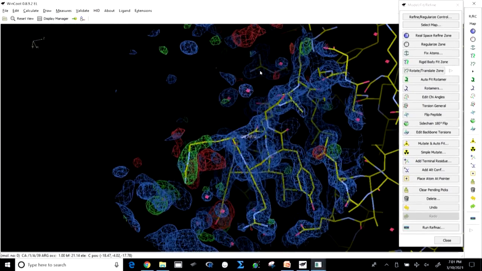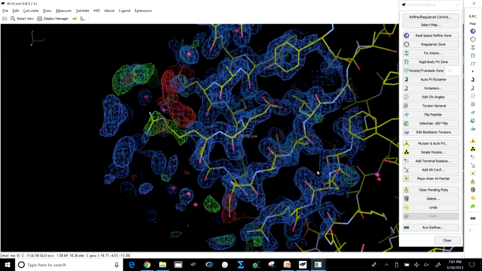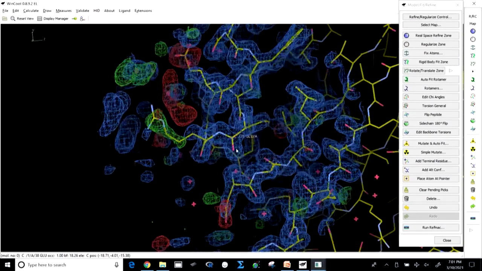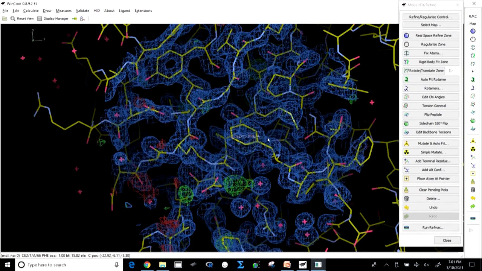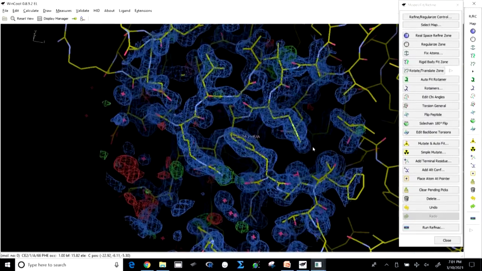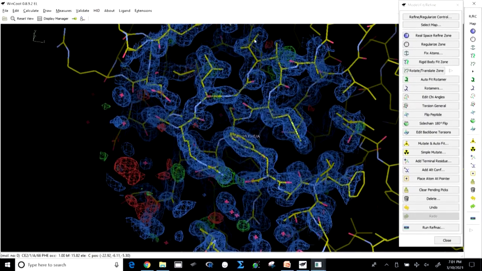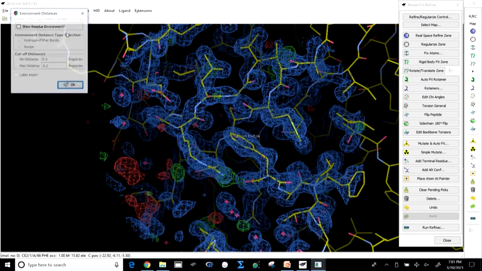Now, I would show you some cooler things. One is interaction. So, let us go to the interaction between the amino acids. How to go: measure, go to environmental distance, set show residue environment, do not take bumps, make this distance around 3.8 or 4 and label the atom.